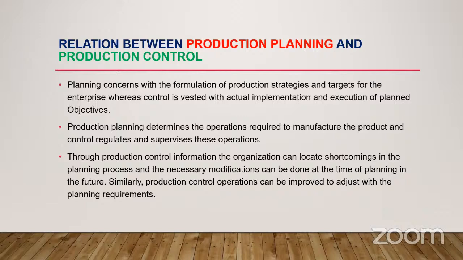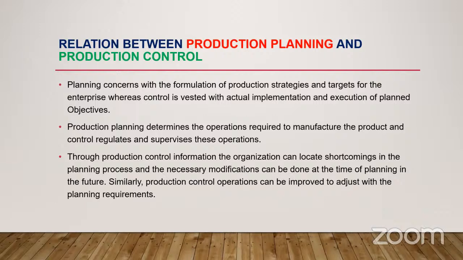So the planning is not unimportant. It is important, but with the help of the plan, you have to move ahead, right? You have to make the control yourself, because if you are unable to control yourself or the production process, then it is very difficult to achieve your goal. So control is vested with the actual implementation and execution of the planned objectives.